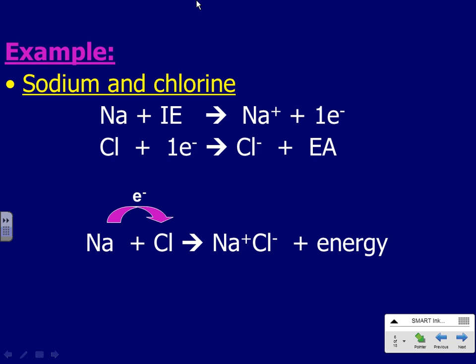Let me do an example of one here for you, sodium and chlorine atoms. So I have three equations here. You'll notice there are no dots. They are the ionic equations.